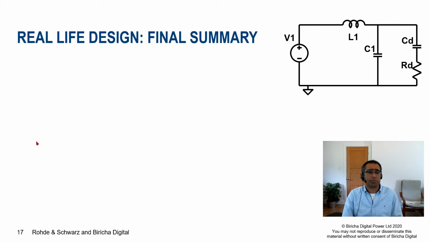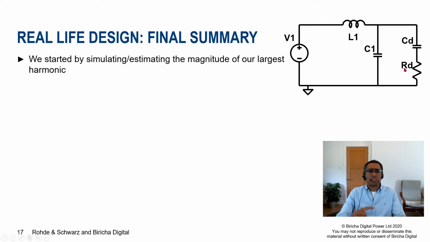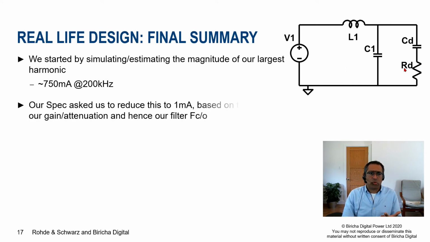There we go. So our filter is actually complete now because we have worked out L, we have worked out C, we have worked out CD, and we have worked out RD. So a final summary, we started with simulating or estimating the magnitude of our largest current harmonic. Then we said that it was 750 milliamps at 200 kilohertz.